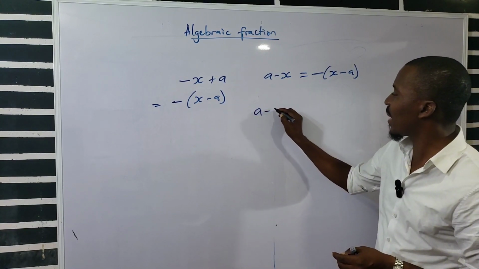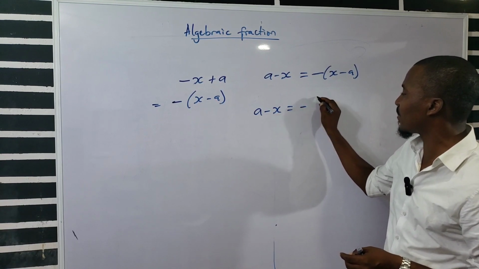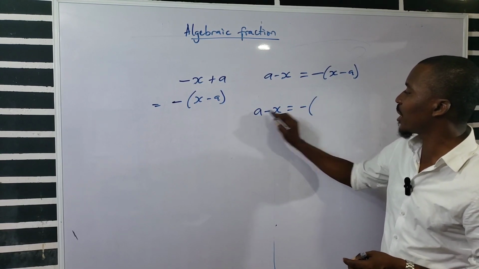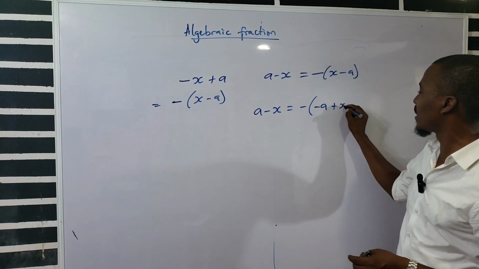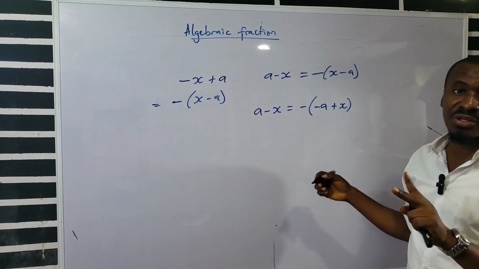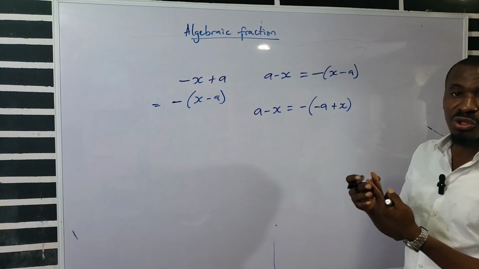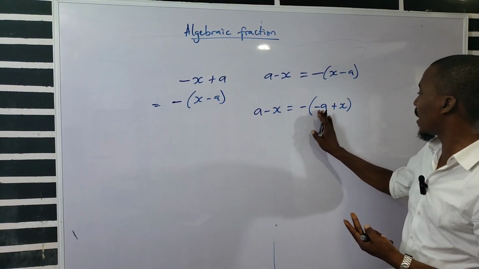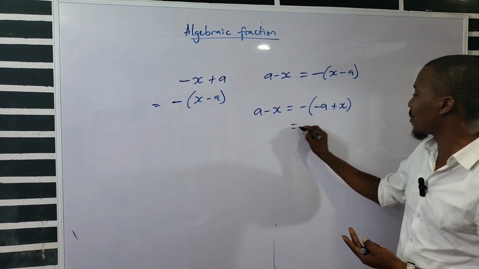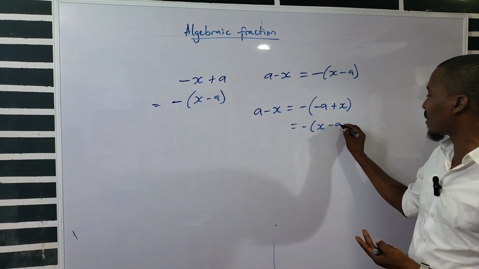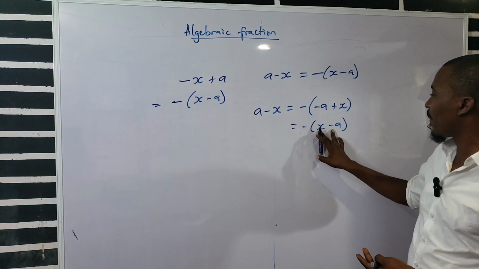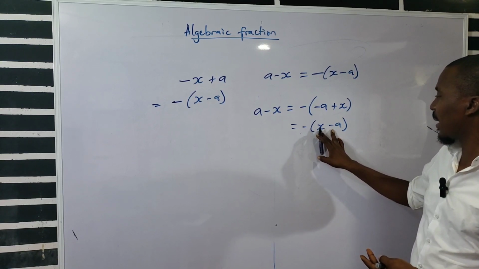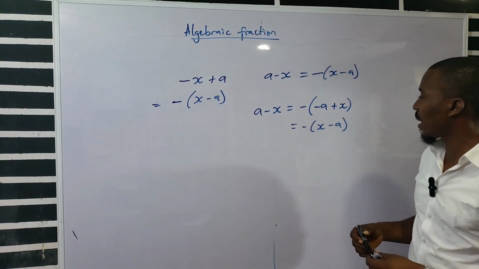If I have a minus x and I decide to bring that minus outside, a will change to negative, while minus x will change to positive. Of course, you can actually switch your numbers. So when you take this one here, carry this one, bring it back, it's going to give you minus x minus a. So you can see that they are still maintaining their signs. Okay, so that's what we have there.